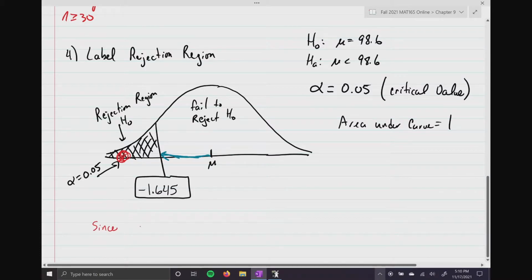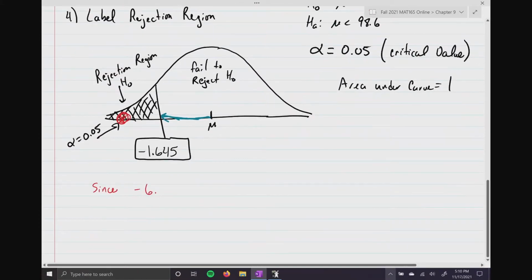Since negative 6.64 is in our rejection region, we reject the null hypothesis.